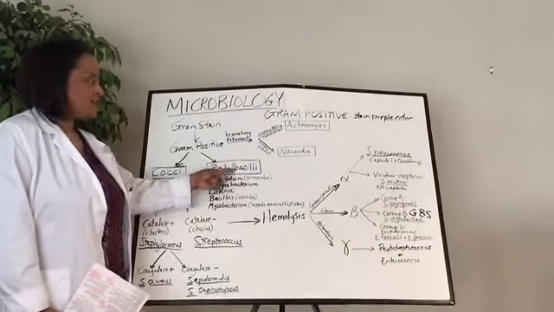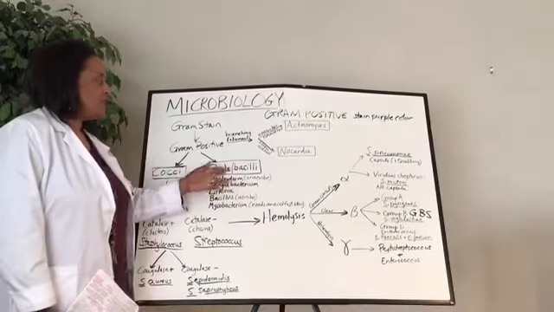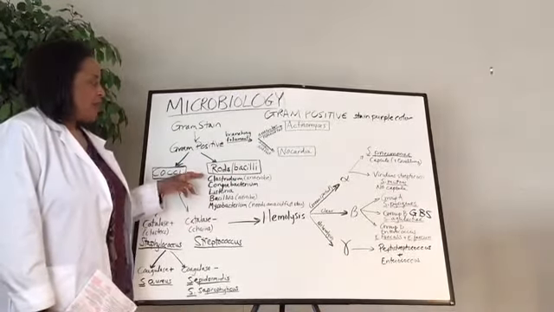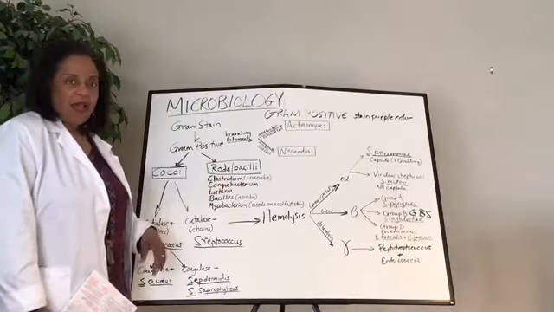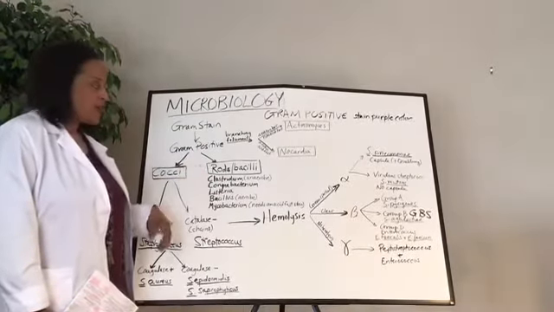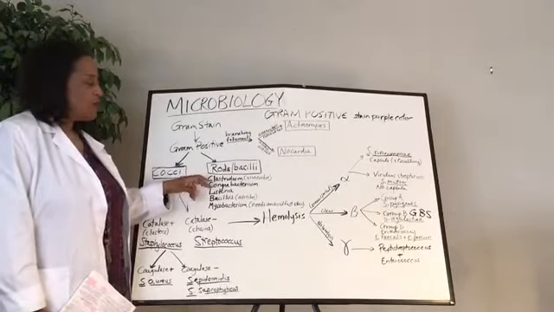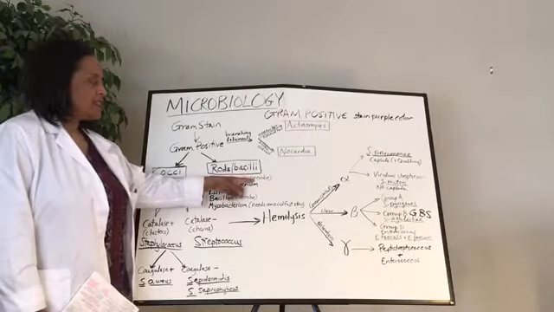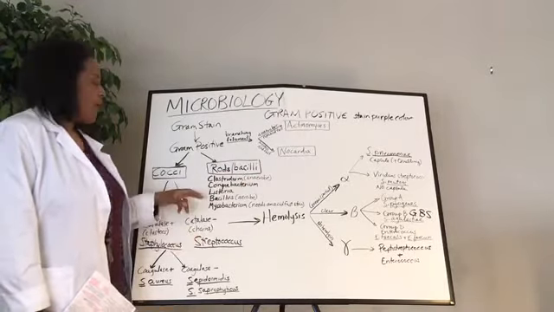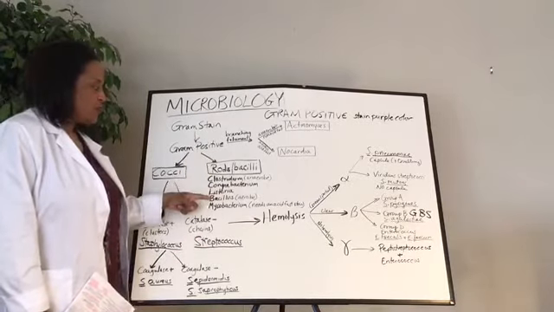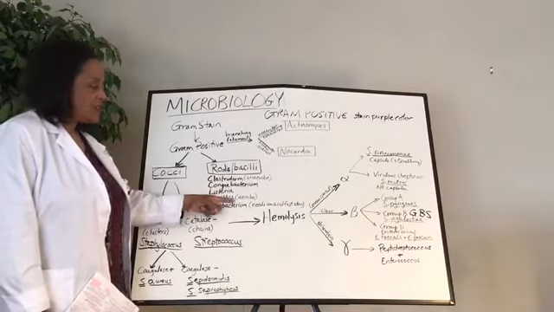You know, rods can also be called bacilli. These two are interchangeable. So under gram-positive rods, there's a nice little category here of Clostridium. Please note that Clostridium is an anaerobe, where, let me compare that to down here, Bacillus, which is an aerobe.